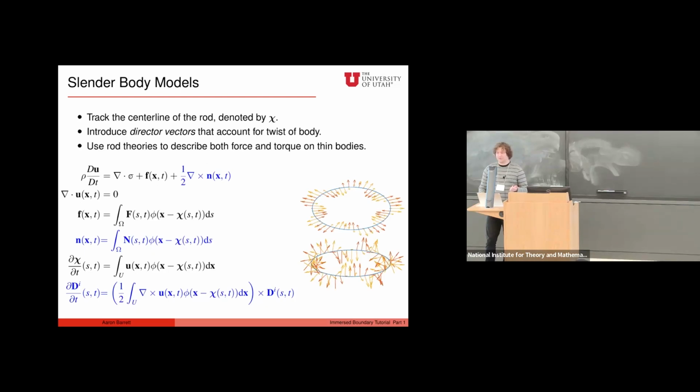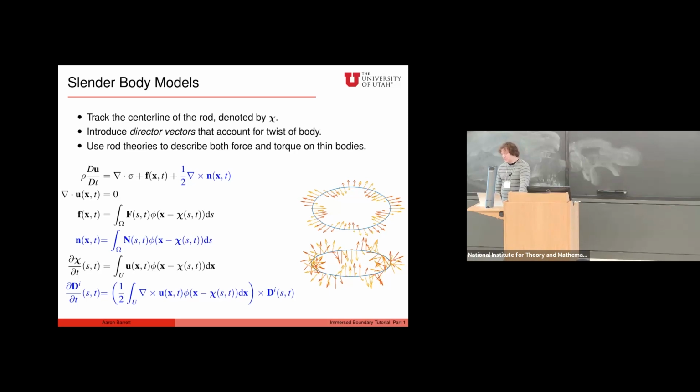We can talk about slender body model. This is something that Suk talked about earlier today. We also have support for that in IBAMR. So the idea here, just briefly recapping what Suk already talked about: we now introduce director vectors so that our body can account for twist instead of just curvature and tension.